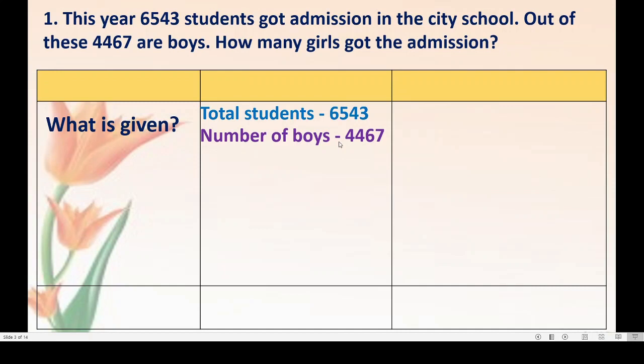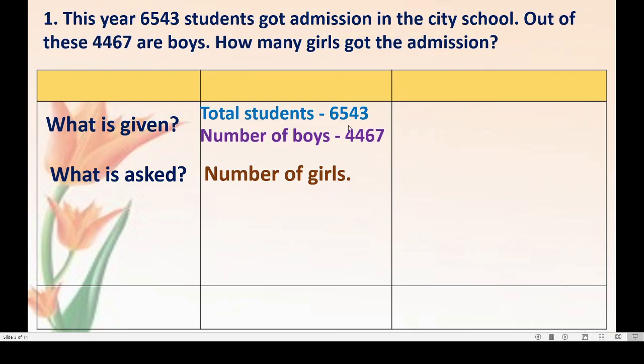It is given in the word problems, correct? It is given here in the question. Now next point is what to find out. What is asked here? Yes, how many girls got the admission? Here, number of girls we have to find out.